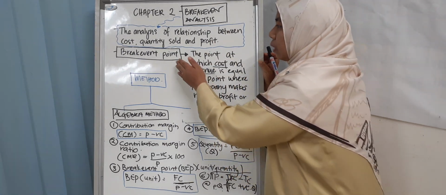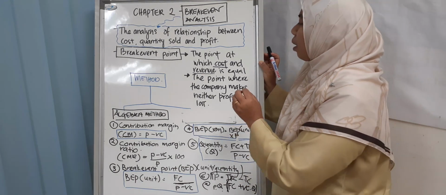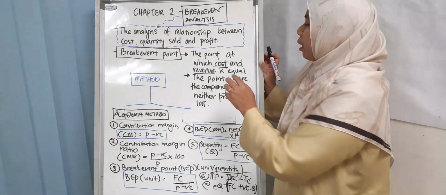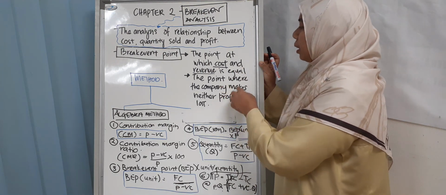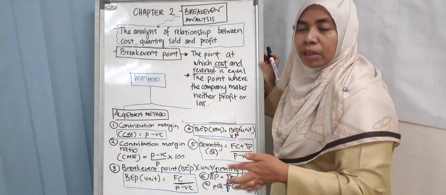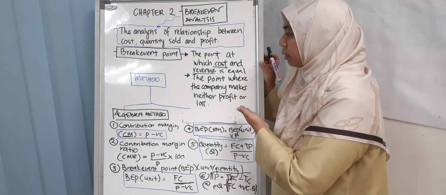Then we learned about the break-even point, where cost and revenue are equal. Another meaning is the point where the company makes neither profit nor loss, which is a benchmark for us, right?